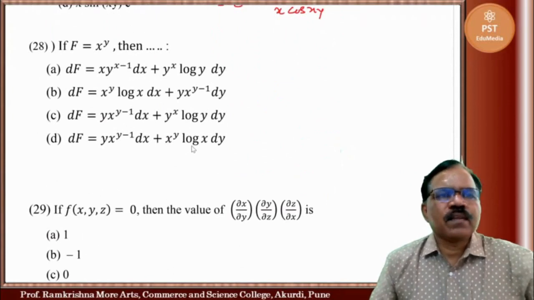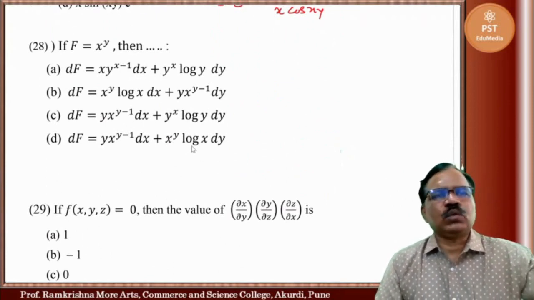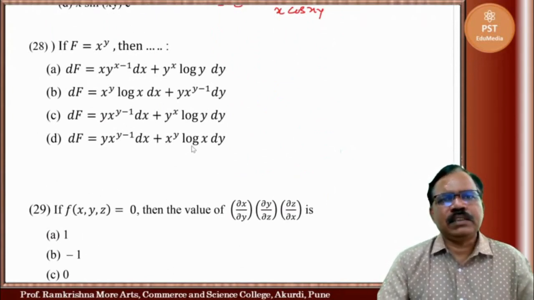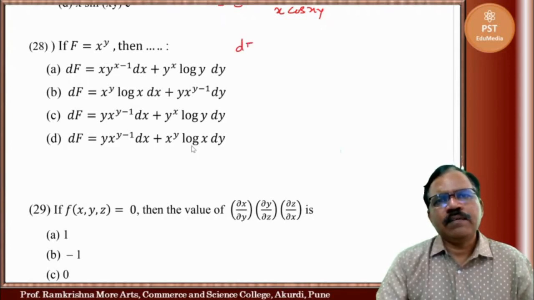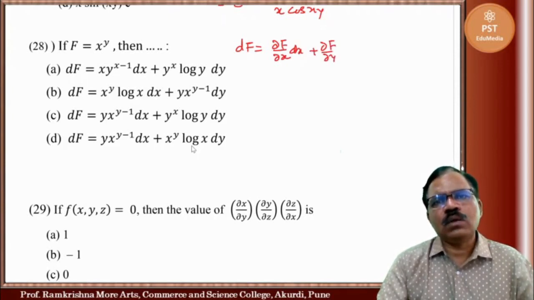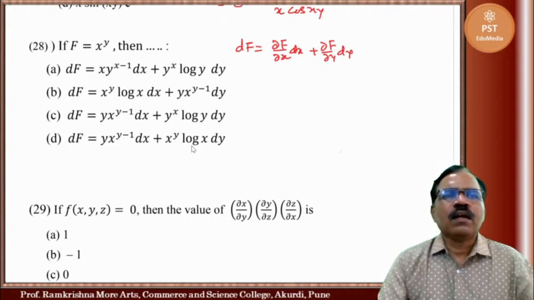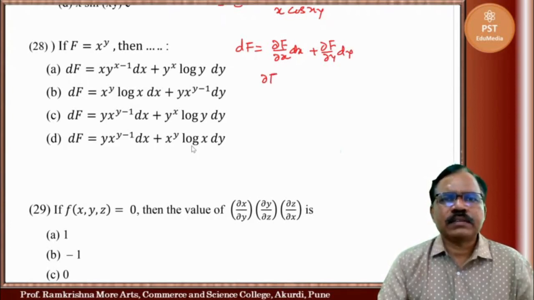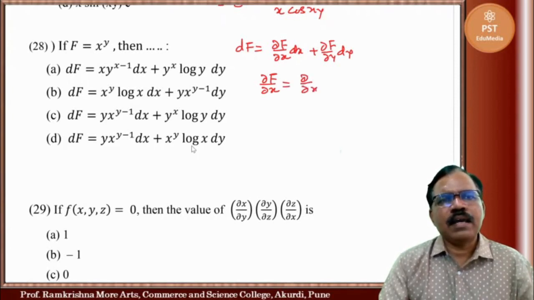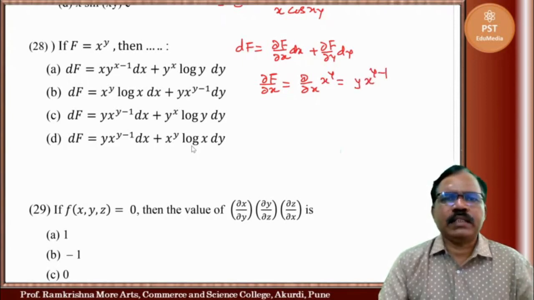Now next one, if f is equal to x raised to y, then df is equal to, we know df is equal to ∂f/∂x into dx plus ∂f/∂y into dy. Now ∂f/∂x, that is ∂/∂x of x raised to y, you will get y into x raised to y minus 1.